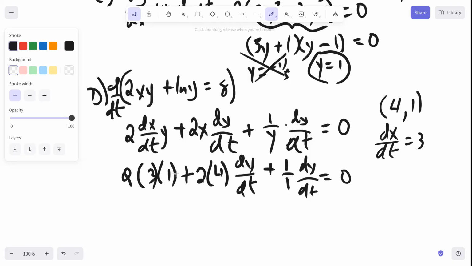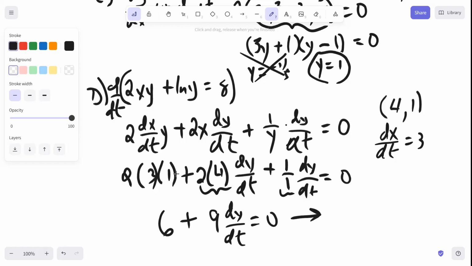So you can combine some things here. 2 times 3 is going to give us 6, plus the 2 times 4 is going to be 8 dy/dt, and then this is going to be 1 more dy/dt. So you would really have 6 plus 9 dy/dt equals 0. So dy/dt equals negative 6 over 9, which is negative 2/3. And there you have it.